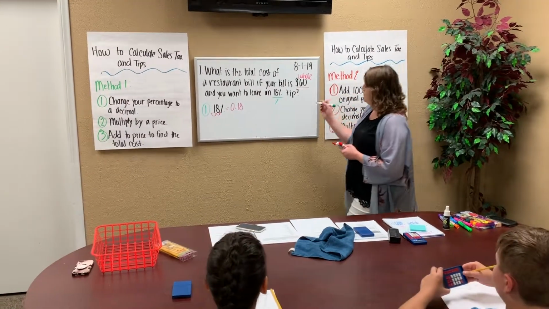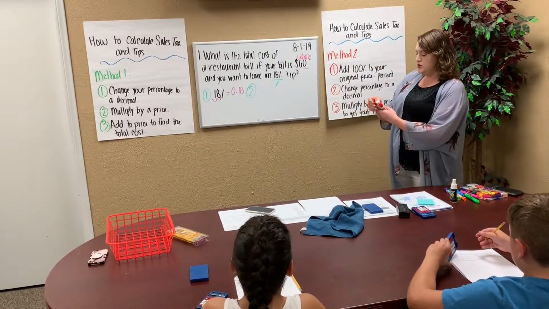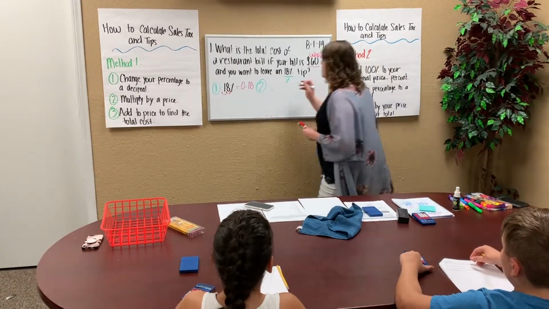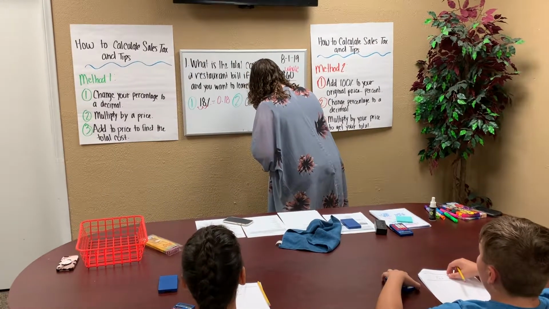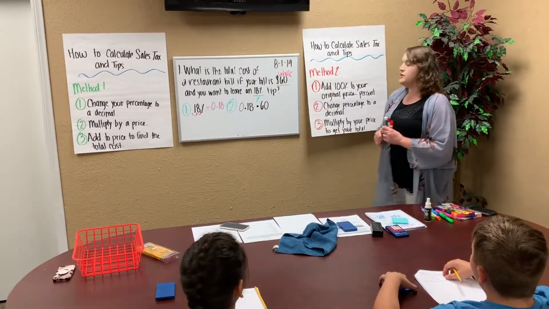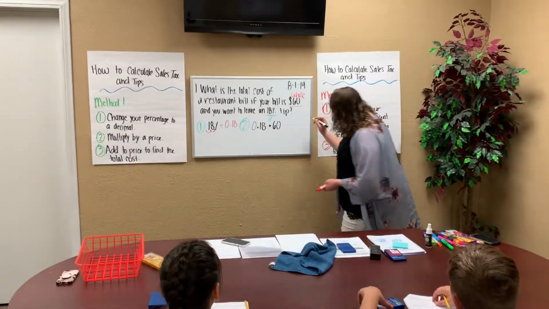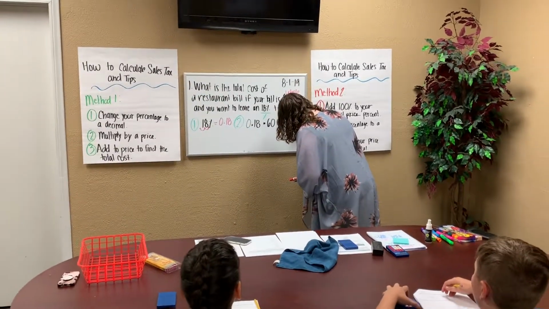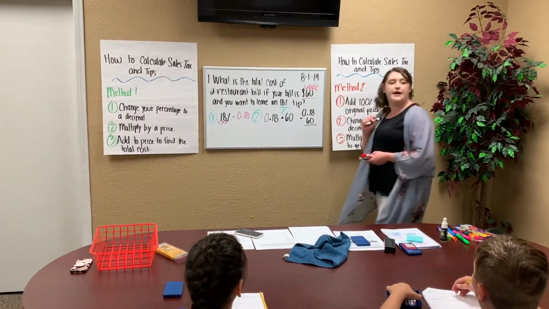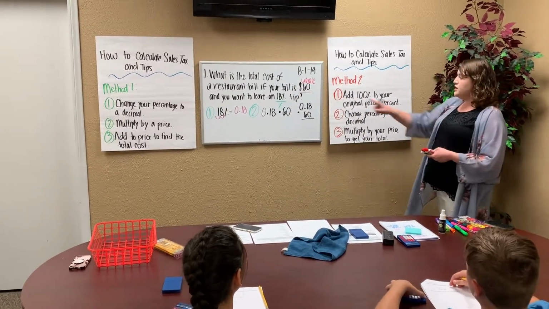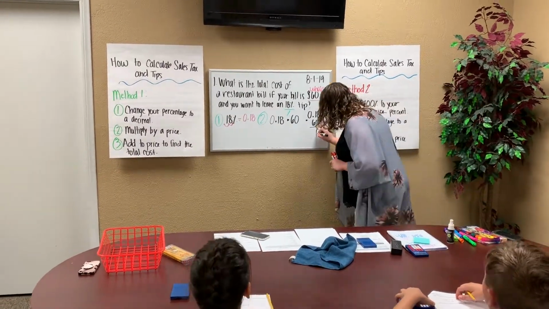Bring down the $60. I'm going to multiply by my price, which is my $60. So I'm going to do 0.18 times $60. Are we okay with that? Yes. Okay, I'm going to put the 0.18 on top just because it's going to make it a little bit easier. So 0.18 times 60. Do I need to multiply by that 0? No. I'm just going to bring it down.